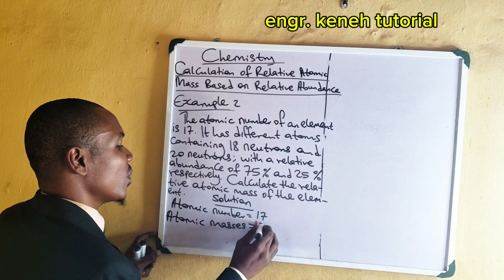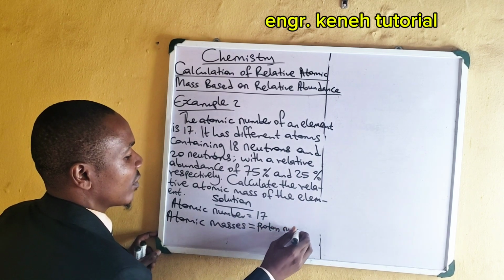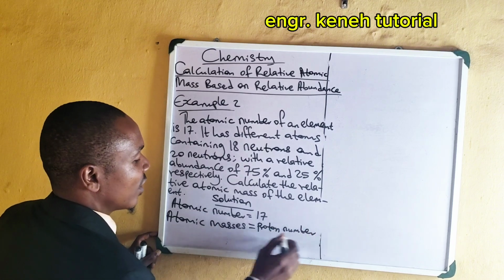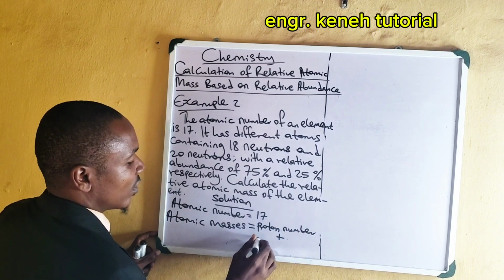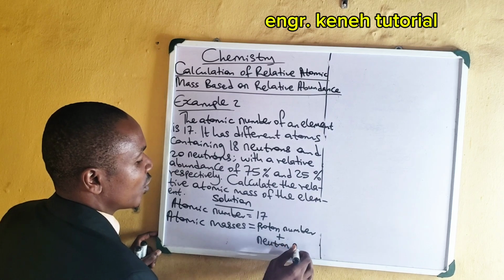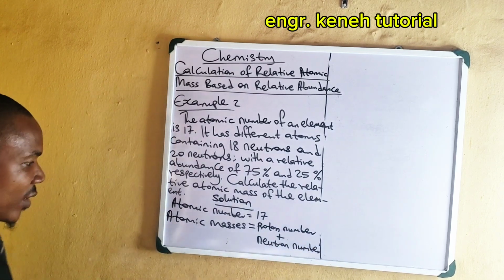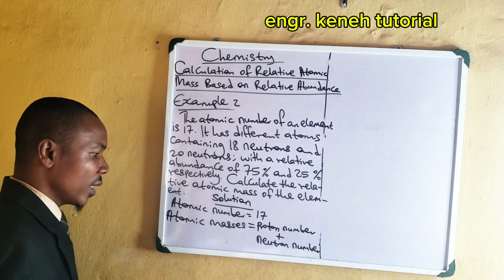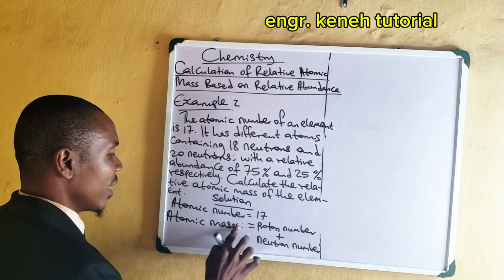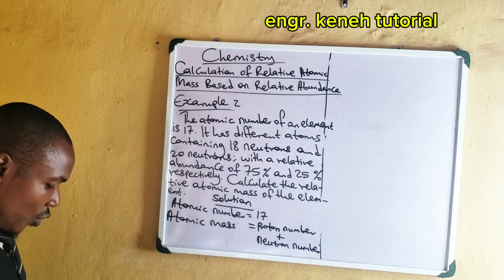We have proton number plus neutron number. Can you see that? Proton number plus neutron number is what will give us atomic mass. All right. So here now, we have an atomic mass to be proton number plus neutron numbers.